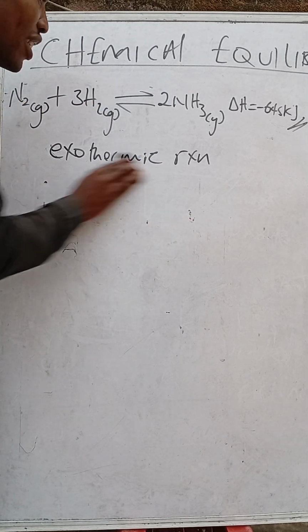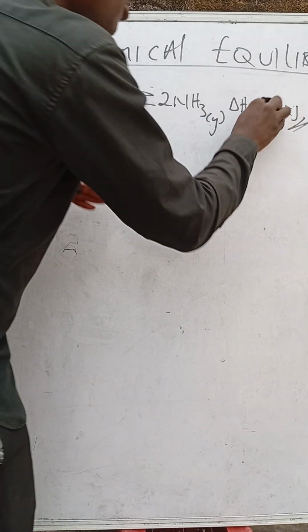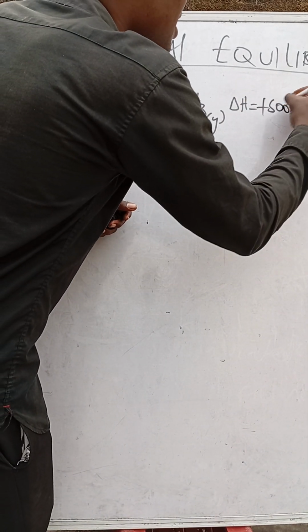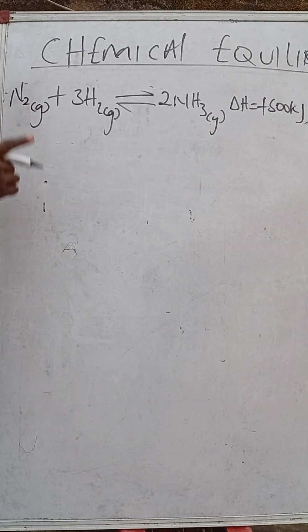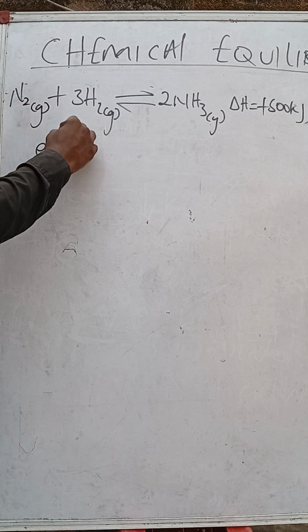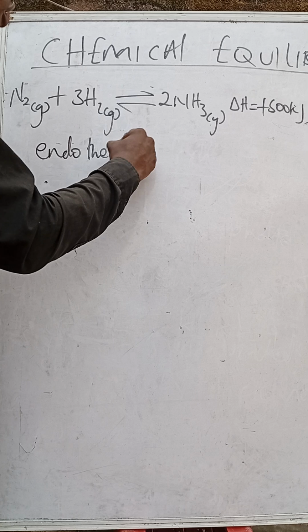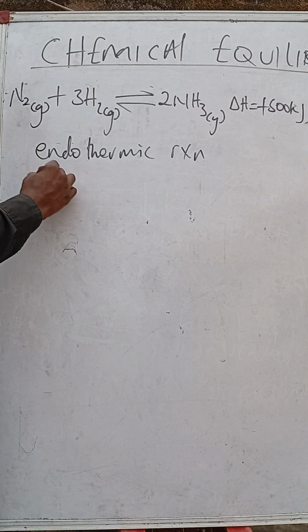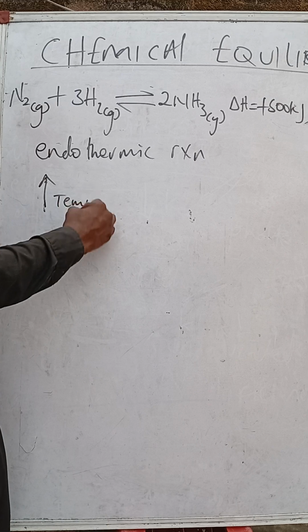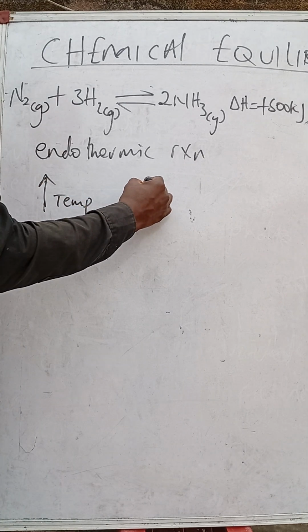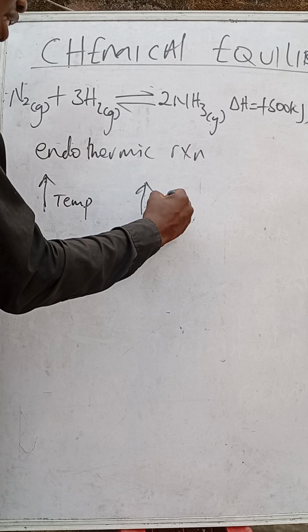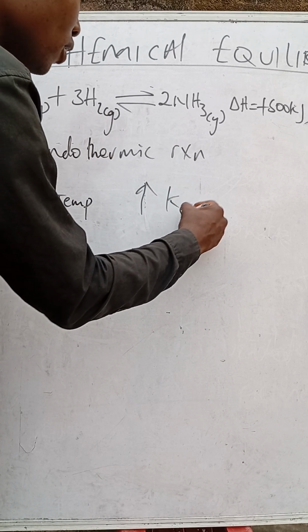Now, for an endothermic reaction, so assuming this reaction is endothermic, so let's say we have a positive 500 as the enthalpy change. For an endothermic reaction, an increase in temperature increases the equilibrium constant.